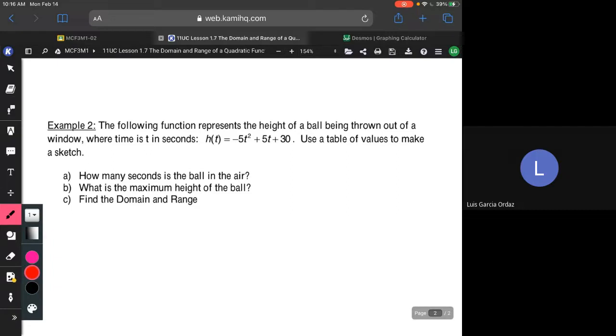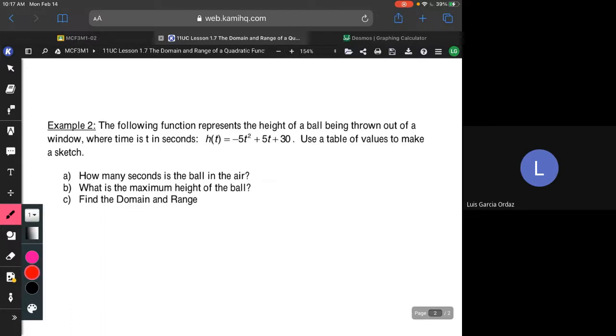The following function represents the height of the ball being thrown out of a window where time is t in seconds. So the equation is h of t is equal to -5t squared plus 5t plus 30. We want to use a table of values to make a sketch.